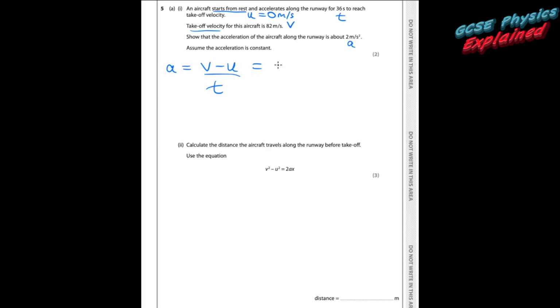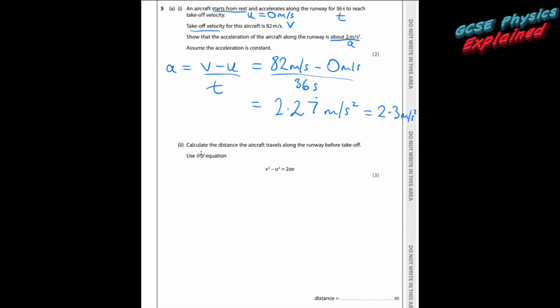The final velocity v was 82 meters a second, take away u, which was 0 meters per second, and divide that by the time, which was 36 seconds. And that comes out as 2.27 recurring meters per second squared. That's 2.3.